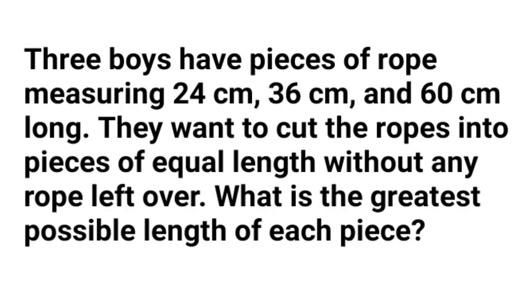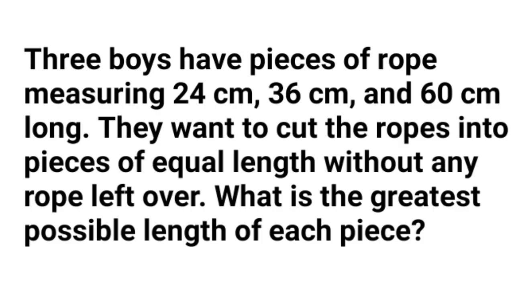What is the greatest possible length of each piece? In this case, they want to divide, so we're going to use the HCF because it involves sharing or dividing. So I will have here 24 centimeters, 36 centimeters, and 60 centimeters. What are we going to do? Find the HCF of 24, 36, and 60.